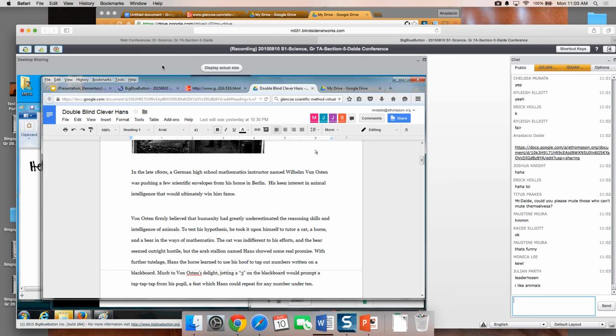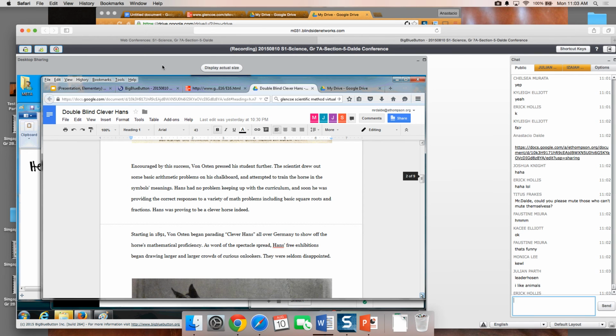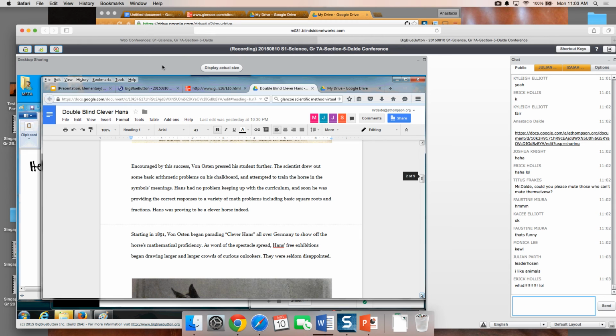Now, he trained Hans, which is a horse, to have math abilities, and these abilities were crazy. Apparently, back then, this horse could do math problems. It could read numbers.